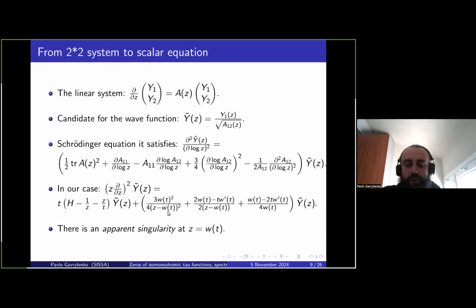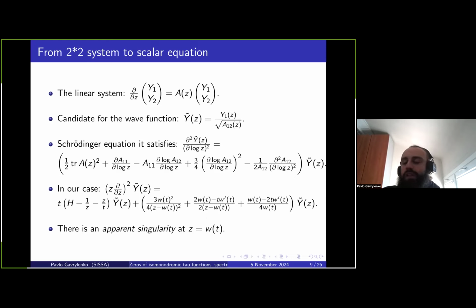It's defined by W. And the monodromy at this pole is -1, which is clear from the definition of y tilde. Because originally we started from some solution that did not have any monodromies at W of t, because the system was just regular there. And now we have something that has monodromy -1. And the system contains some singularity.